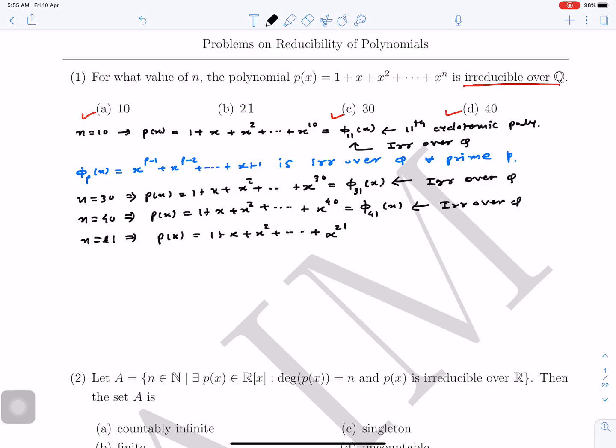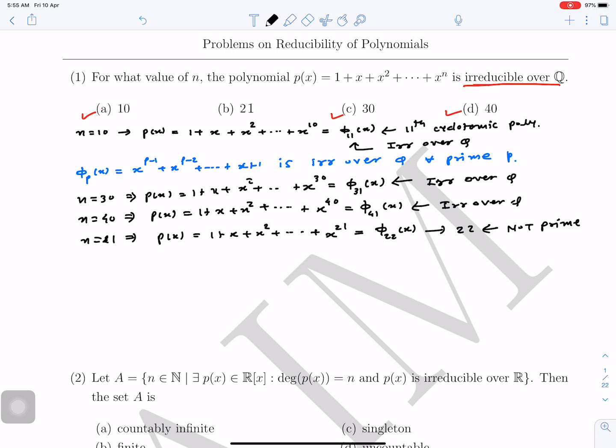So if I write in the Φ notation, then it will be Φ₂₂(x), but 22 is not prime. See here 22, this one is not prime. So I can't use the result that Φ_p(x) is irreducible, because p is not prime here.